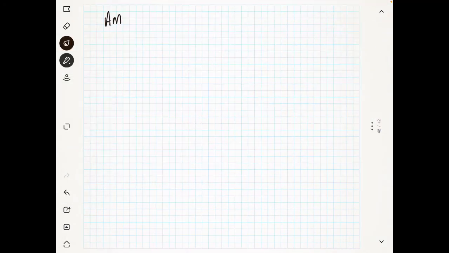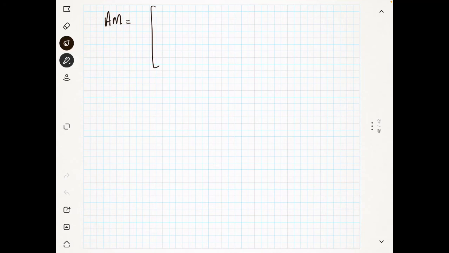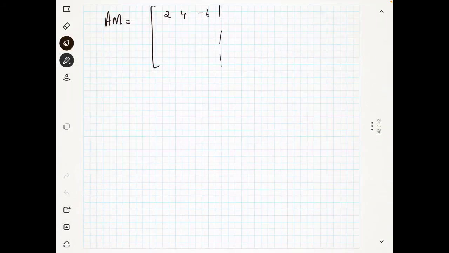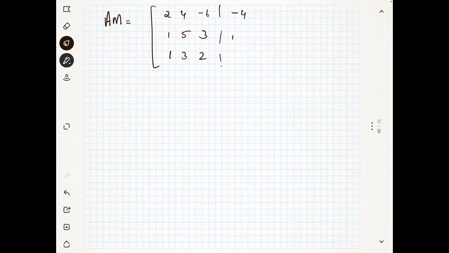So my augmented matrix is given as 2, 4, minus 6, 1, 5, 3, then 1, 3, 2, and this is minus 4, 10 and 5.